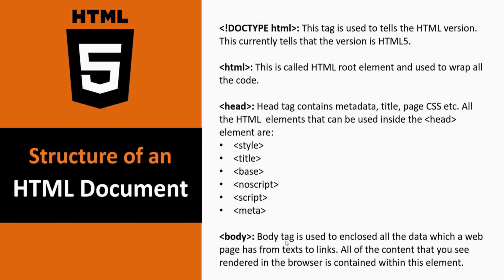Body tag is used to enclose all the data which a web page has, from text to links. All the content that you see rendered in the browser is contained within this element.